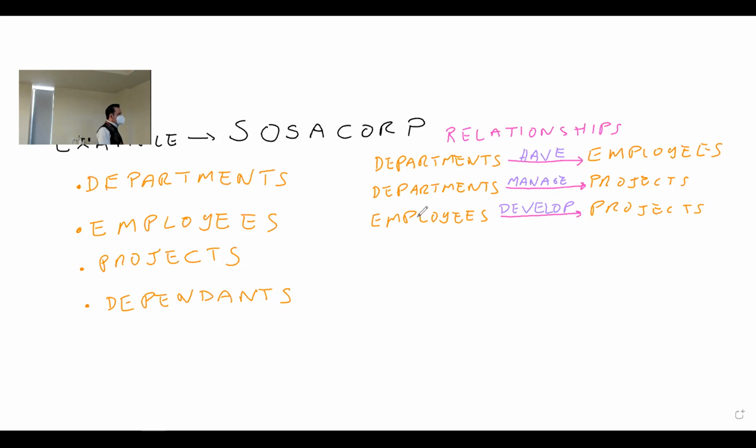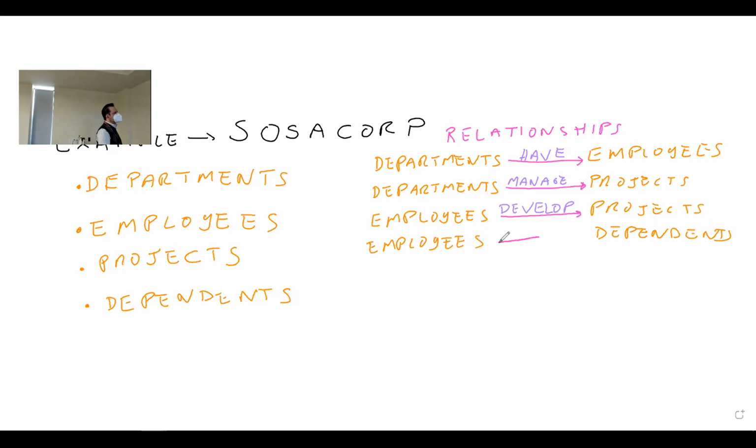And let's go with employees and dependents. What could we put there?